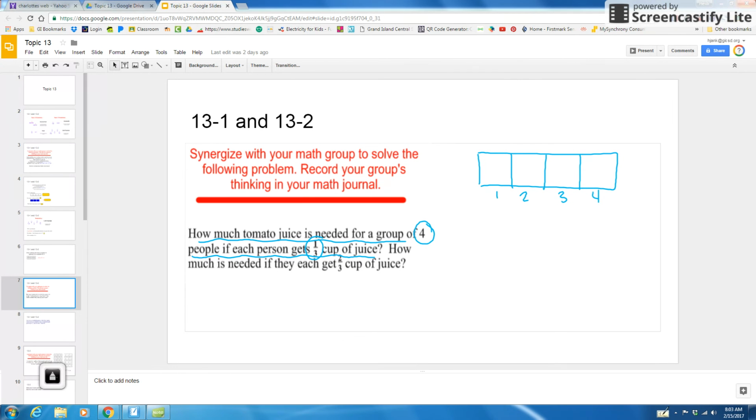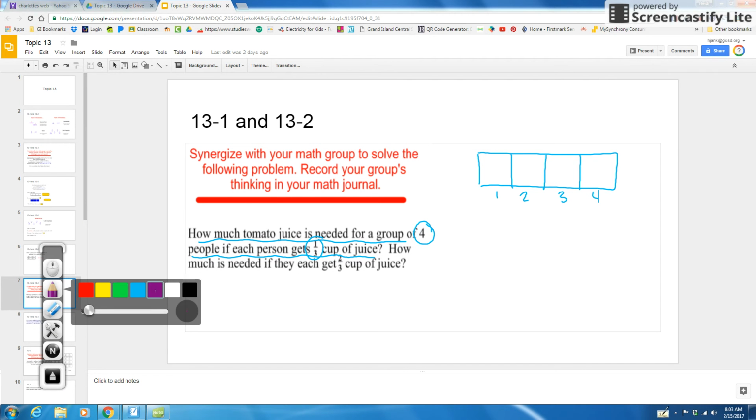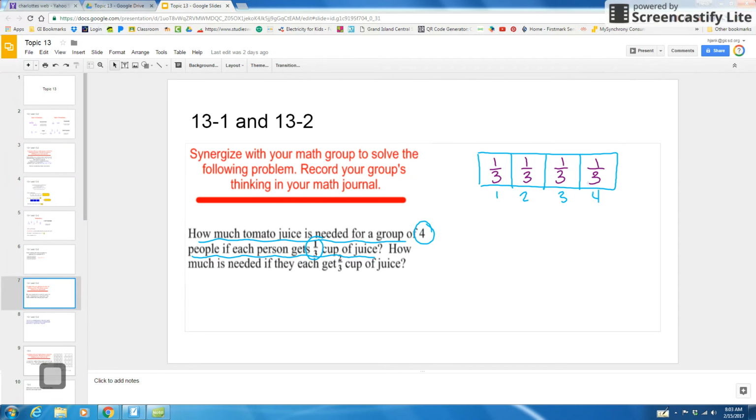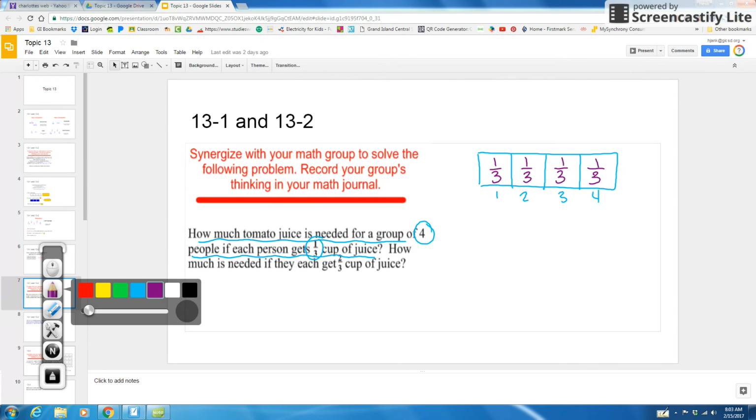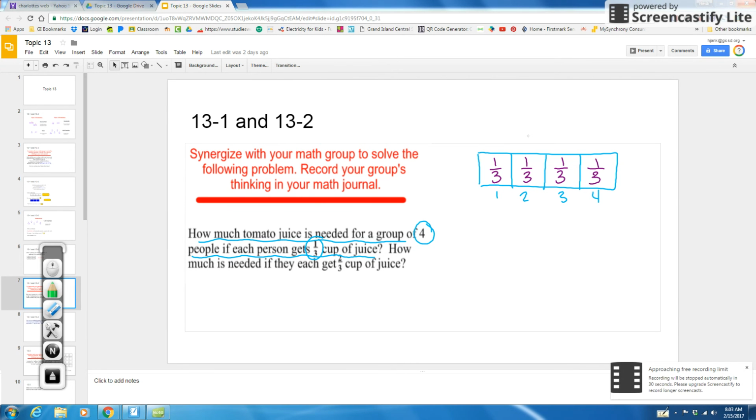Each person is going to get 1/3 cup of juice. Okay, so they want to know how much juice they need. Okay, they want to know how much tomato juice.